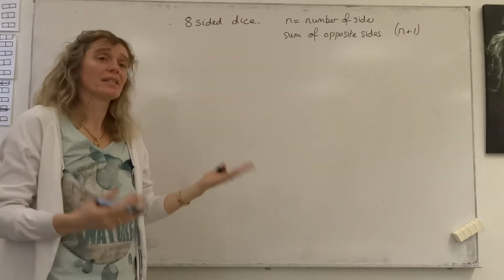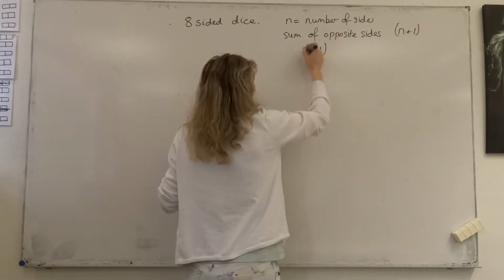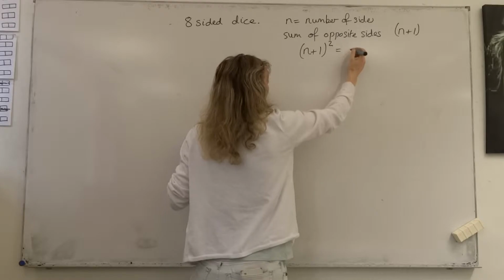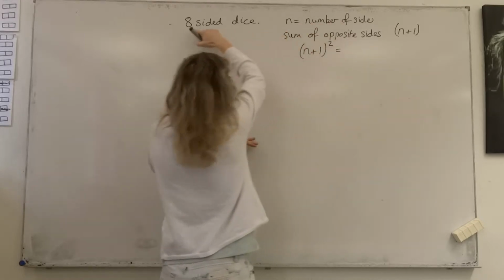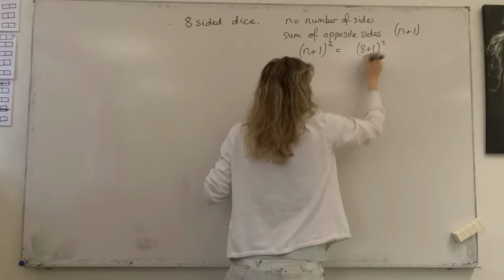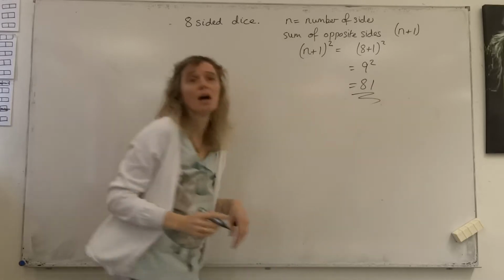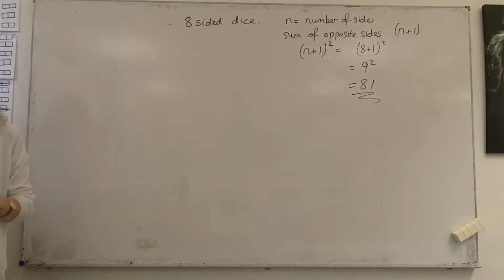So we're expecting, according to what happened last time, that we will find n plus 1 squared. Well, it's an 8-sided dice, so we'd be expecting 8 plus 1 squared, which would be 9 squared. So we're expecting a sum of 81 when we investigate like this.